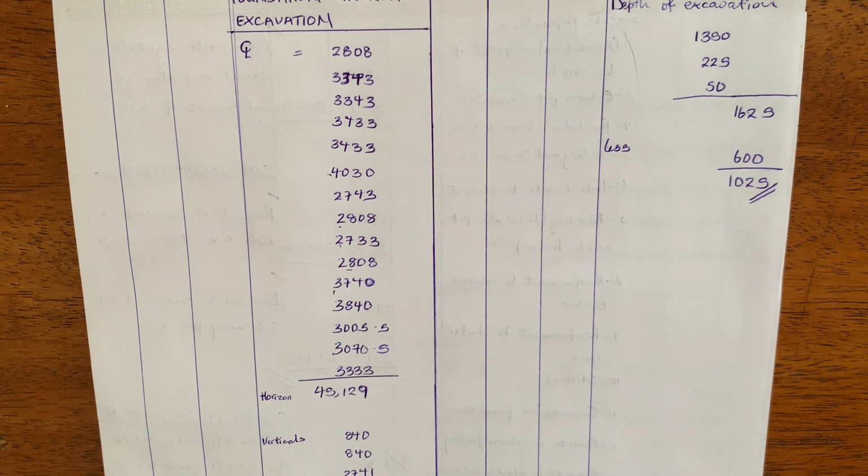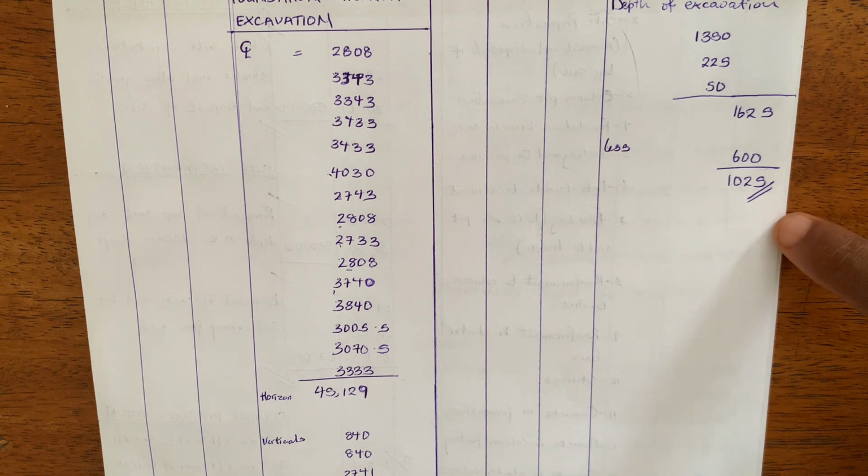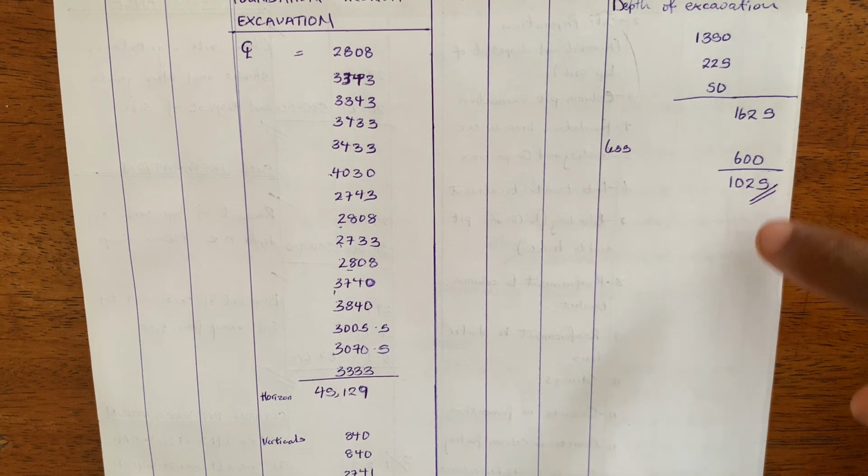So now we know that the distance for the trench, both the horizontal and the vertical, was 75,958.5. We know the depth of our excavation as 1025, and we know the width of the foundation trench as 675.